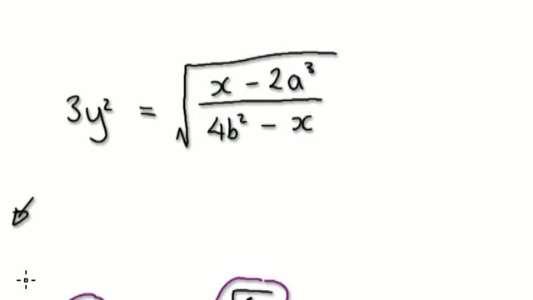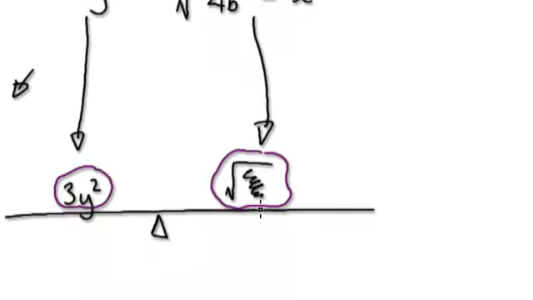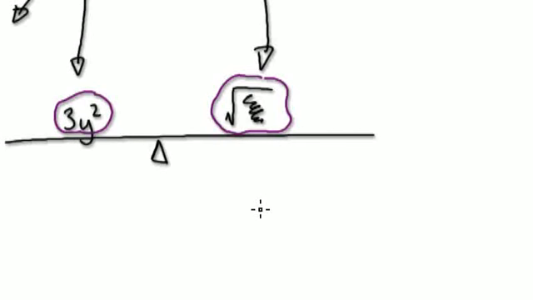Okay, so to do this, we are going to visualize this as this, and this thing here as this. So we're going to times by itself.